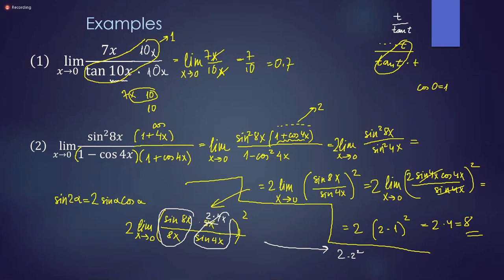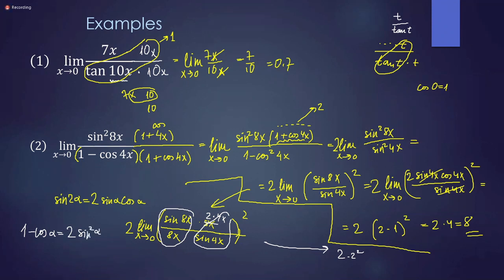And of course, a very quick reminder, we also have a formula for the double angle. 1 minus cosine alpha actually equals 2 sine square of half angle. This is the formula for the half angle, how to get half angle from the whole angle.